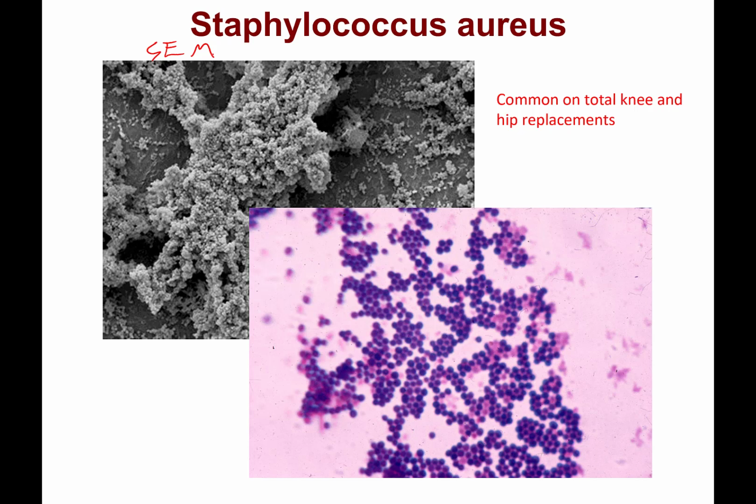And down here, this is just light microscopy, and you can see this purple stain, so that's the Gram stain that I mentioned on the previous slide. Staphylococcus aureus is an important one because it is the most common bacteria that's associated with orthopedic implant infections, so your knee and hip replacements.